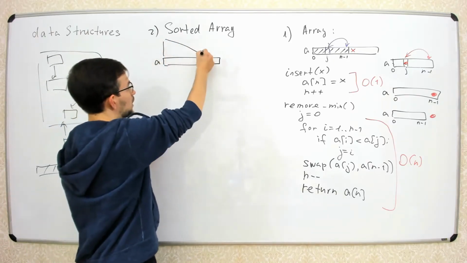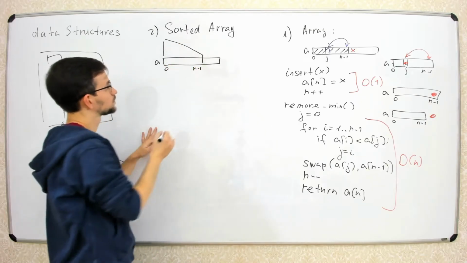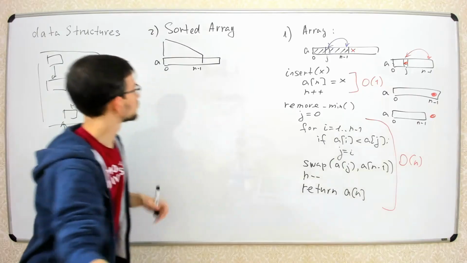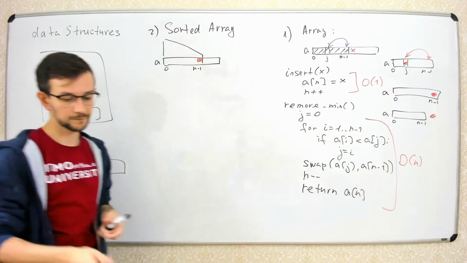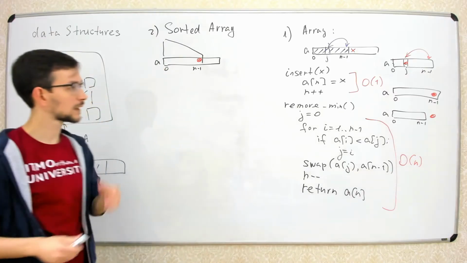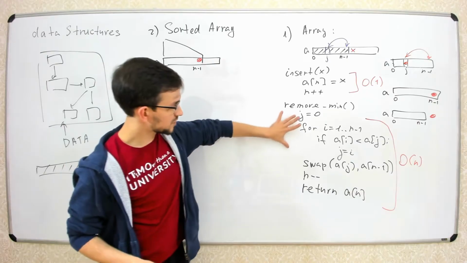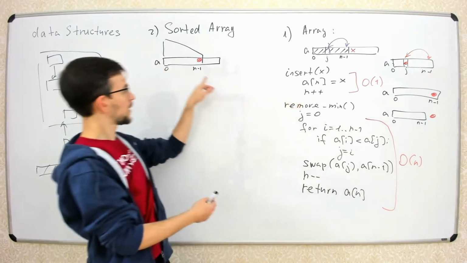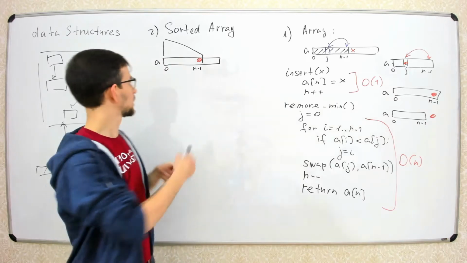The minimal element will be the last one, from 0 to n minus 1. Now it's easier to make this remove min, because the minimal element is always at the end, so we just decrease n and return n.